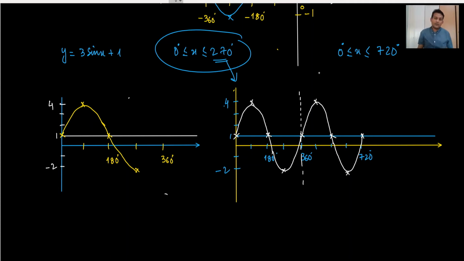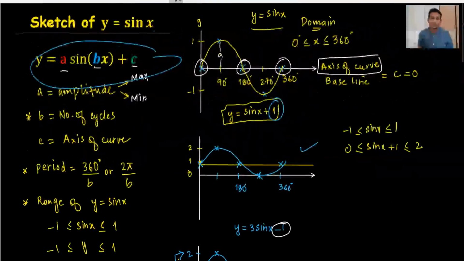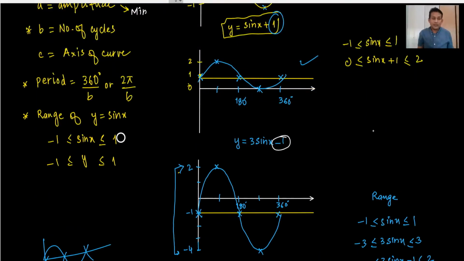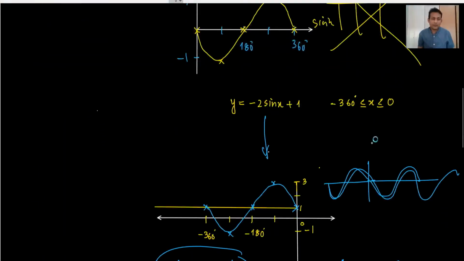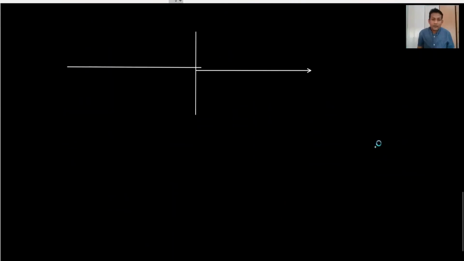Now, this is a very important part I want to discuss. This is most typical, and these types of question we have in the exam. I would like to show you one of the questions. Let's see.